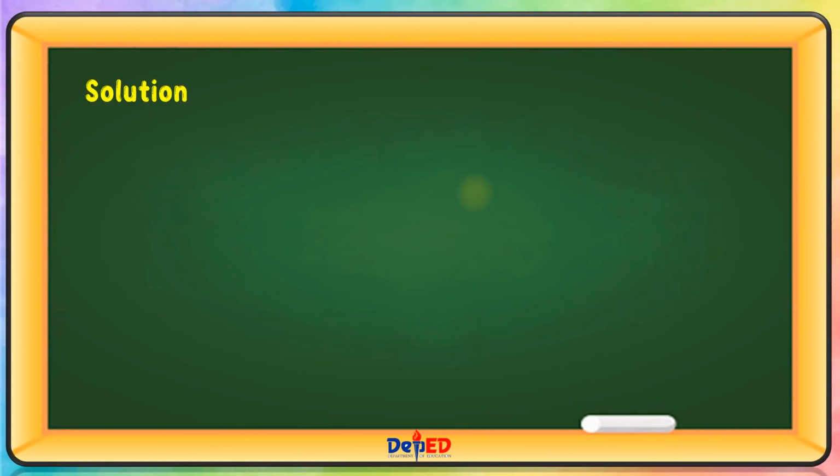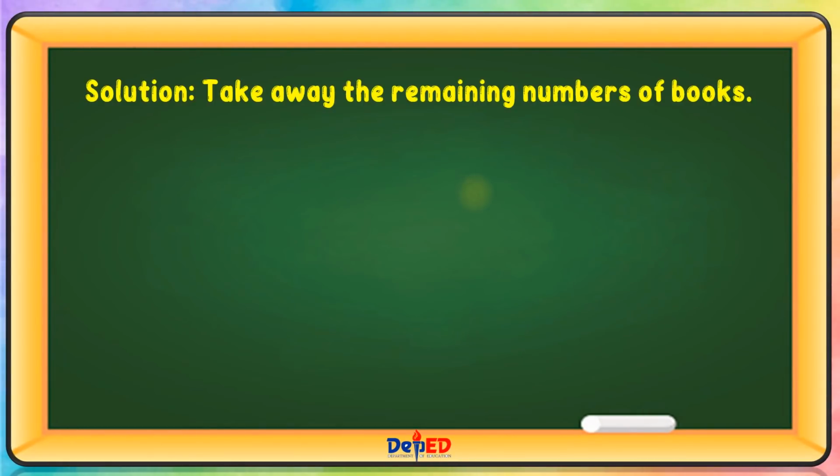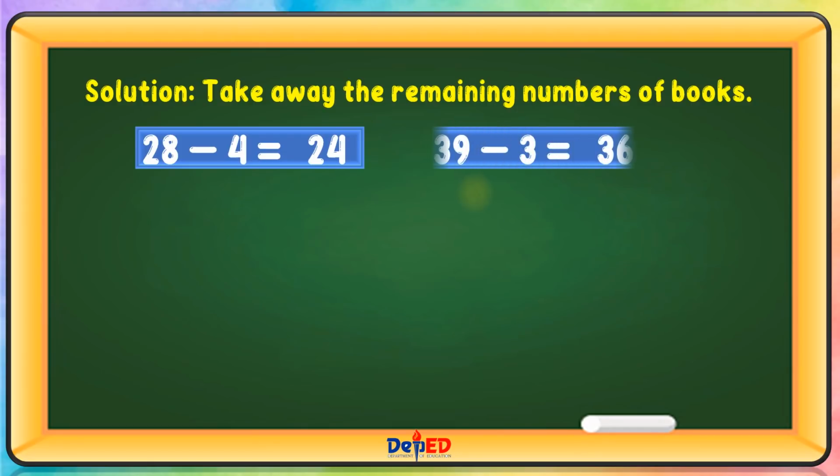Solution: take away the remaining numbers of books. 28 minus 4 equals 24. 39 minus 3 equals 36. The next is the listing method.